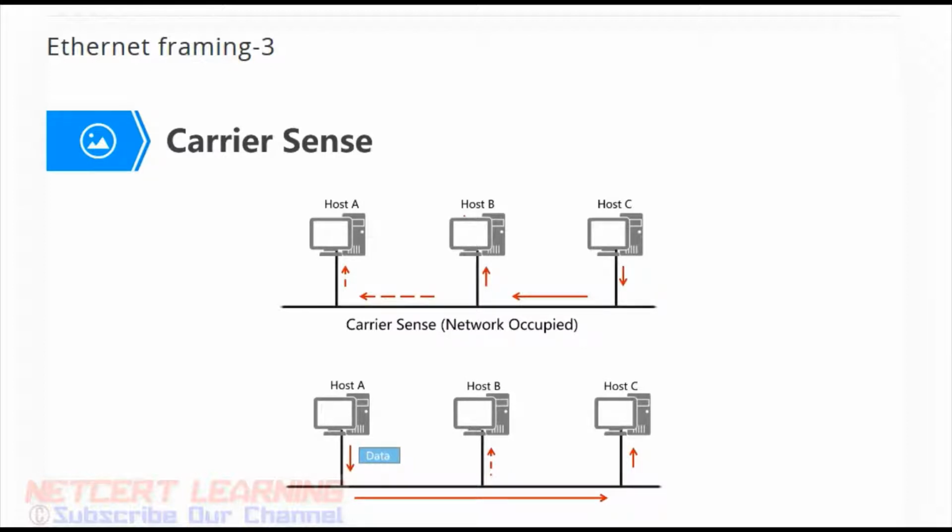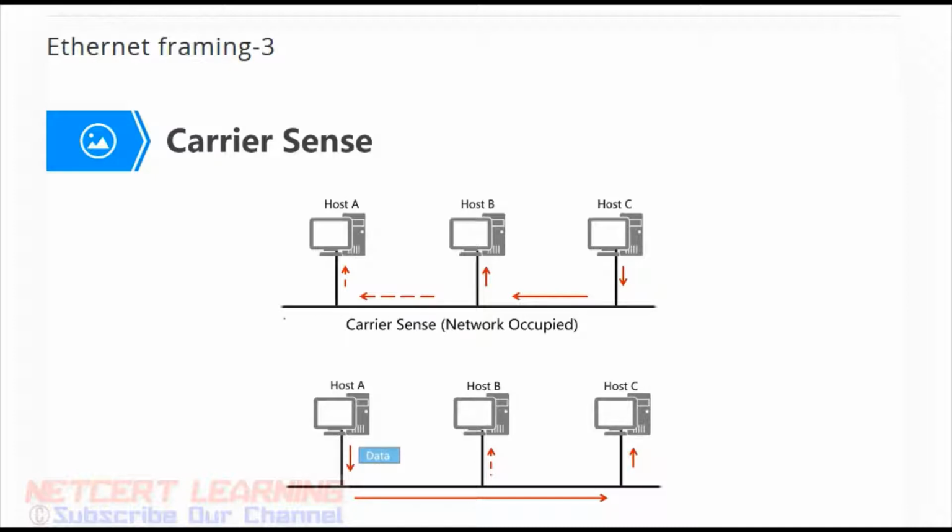Now we have the Ethernet frame format, and we know how to fill in each field: the destination MAC, the source MAC, and the type. We know what value should be put into each field, and then the data is sent out from one computer to another.